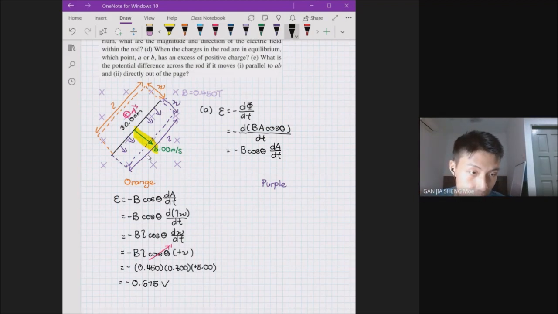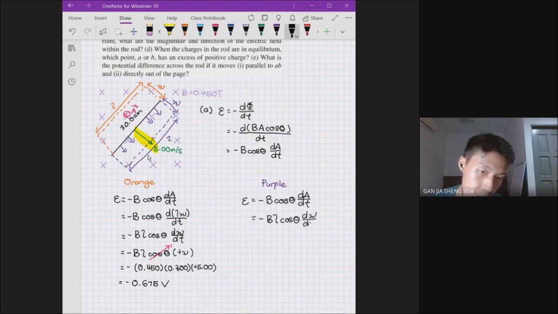Okay, so let's try to solve the problem. It's still the same thing. It's still epsilon equals negative B cos theta dA/dt. And you're still going to go through the same process. So let me skip the steps until the negative BL cos theta d width divided by time.